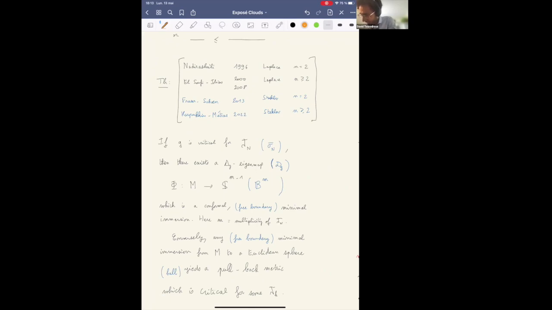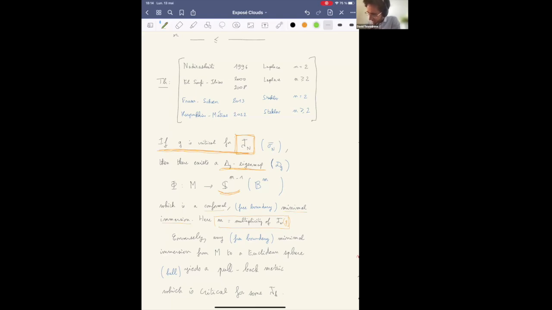So the first: if g is critical for one single Laplace eigenvalue, then there exists a Delta_g eigenmap from M to the sphere S^(m-1), where m here is the multiplicity of the eigenvalue at g. And this eigenmap is a conformal minimal immersion.